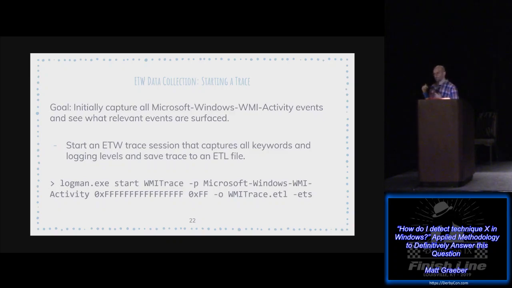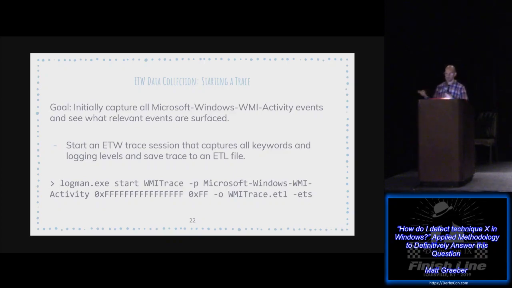-p stands for provider. So we specify the provider name right there. And then we give it a keyword value. So if we wanted to filter on certain keyword values, we could. But instead, so this is a 64-bit value, I'm just setting all the bits to 1, meaning I want to collect all the keywords. I don't want to do any filtering on any of the events that are going to be collected in this trace.